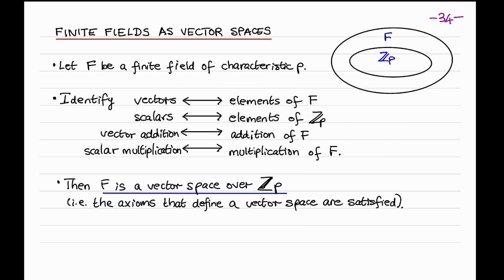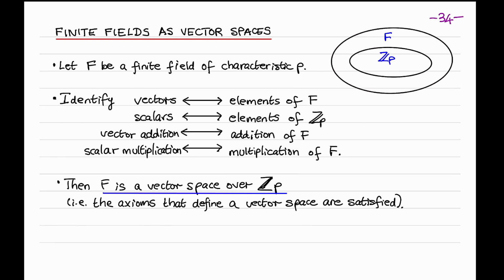We can define vector addition simply as addition of elements in F. And similarly, we can define scalar multiplication, that's multiplying a vector in the vector space F by a scalar in the field of integers modulo P, to simply be multiplication of the field F. So we now have notions of vectors, scalars, vector addition, and scalar multiplication.